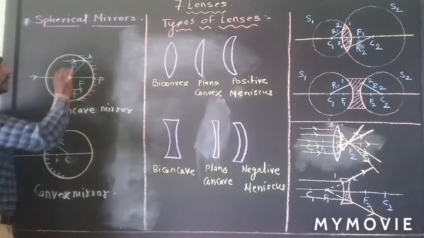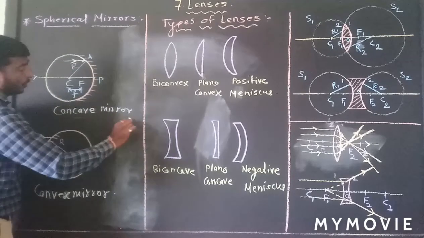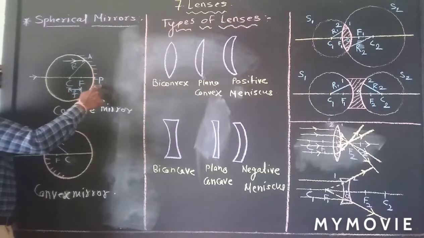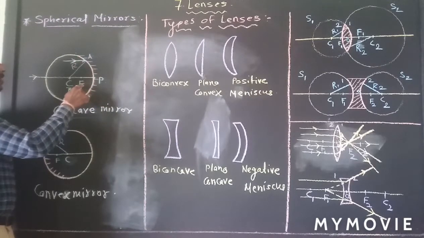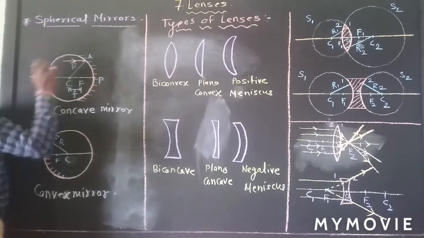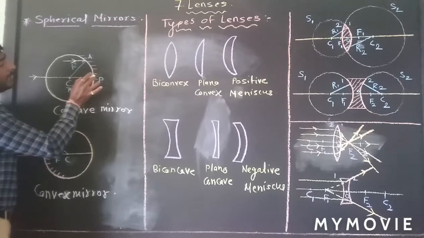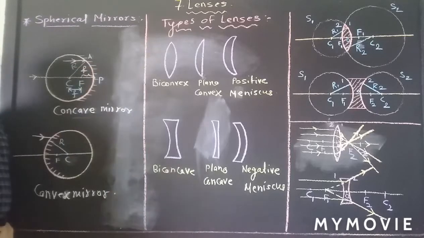So what are the terms related to the spherical mirror? There are two types of spherical mirror, concave and convex. The related terms are center of curvature, pole of the mirror, radius, focus and principal axis. The distance CF or PF is called small f, the focal length.